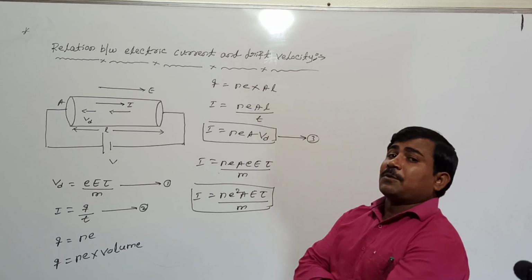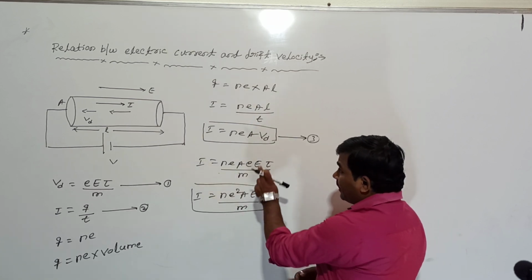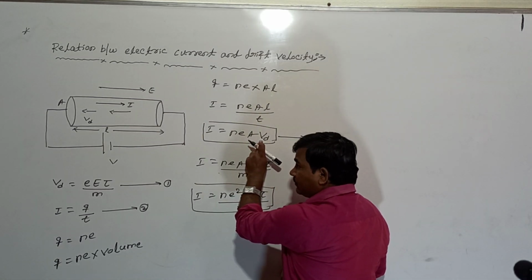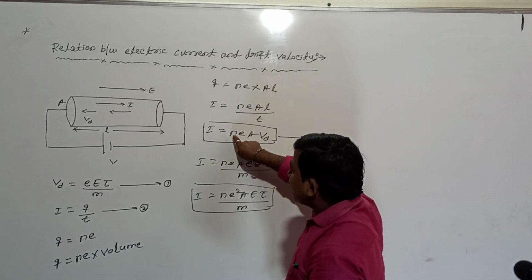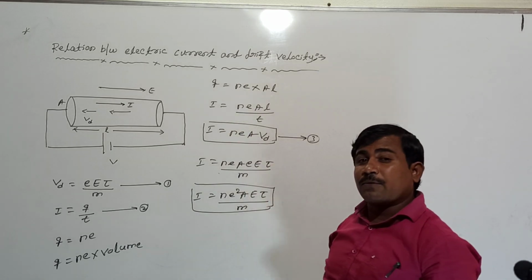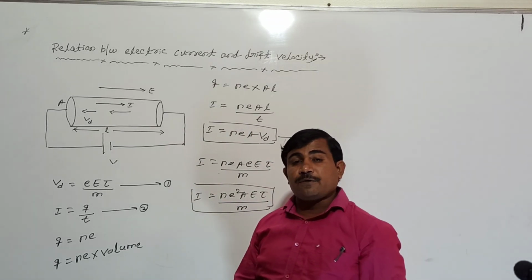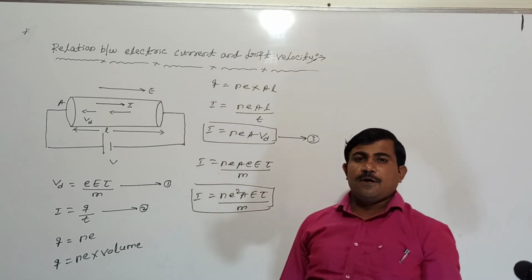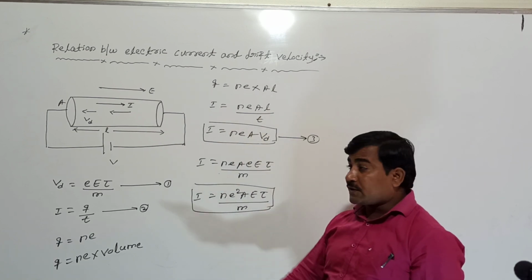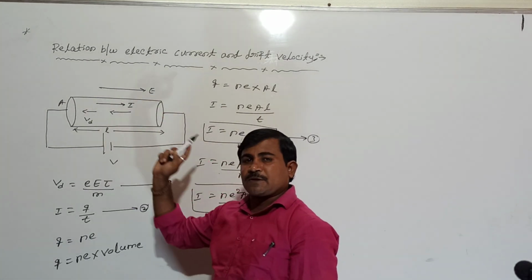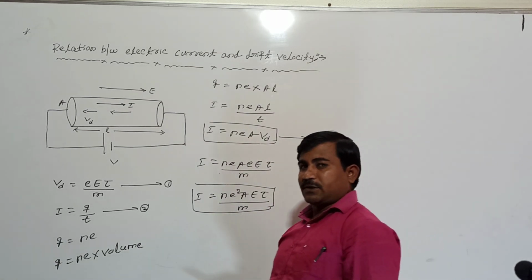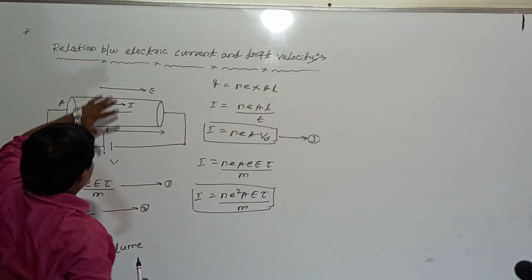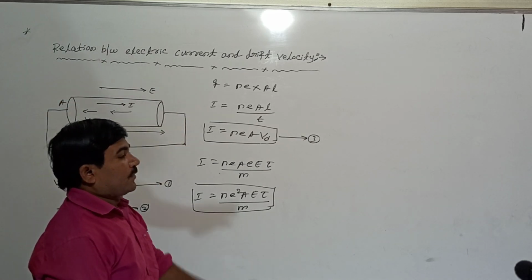But current is not small, because the number of electrons in 1 coulomb is 6.25 into 10 raised to 18. Due to the large number of electrons in a conductor, a large amount of current is possible, even though drift velocity is very small. This is the relation between electric current and drift velocity.